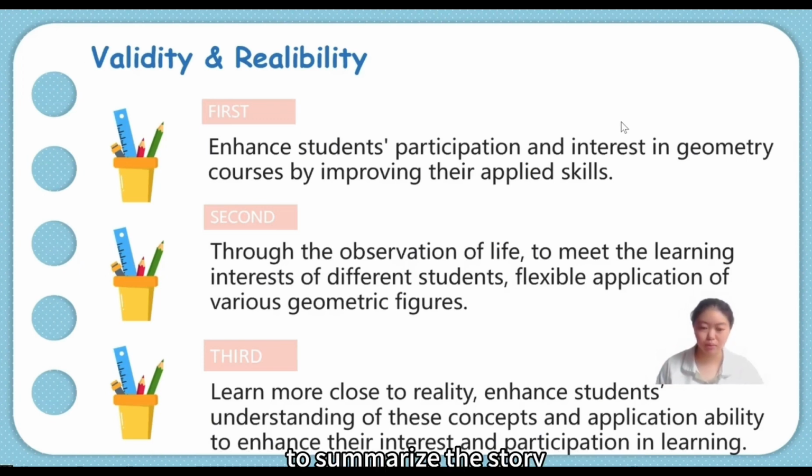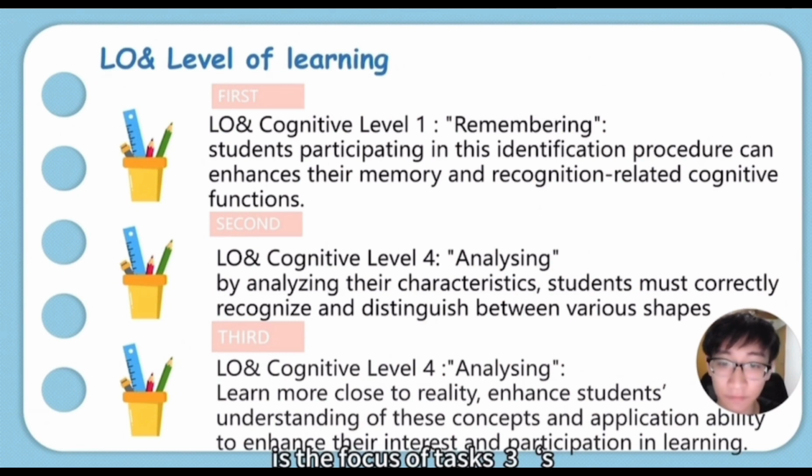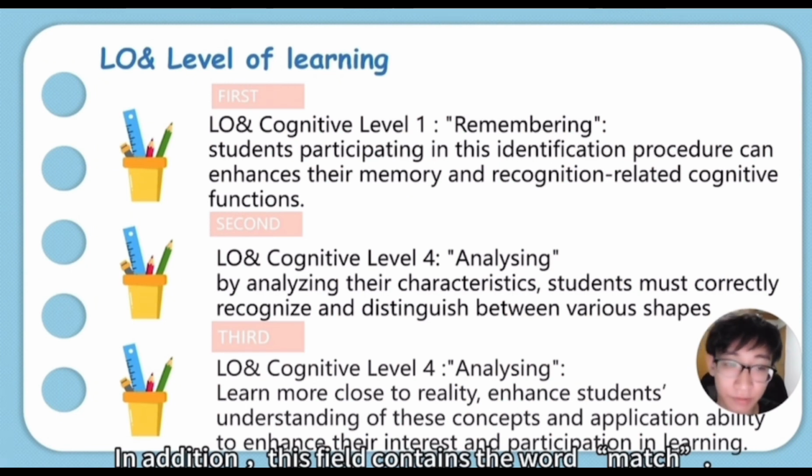To summarize, the 3 learning outcomes and their corresponding tasks are all considered with the principles of replayability and validity. Cognitive level 4 domain of analyzing is the focus of Task 3's learning outcomes. In addition, this field contains the word match.